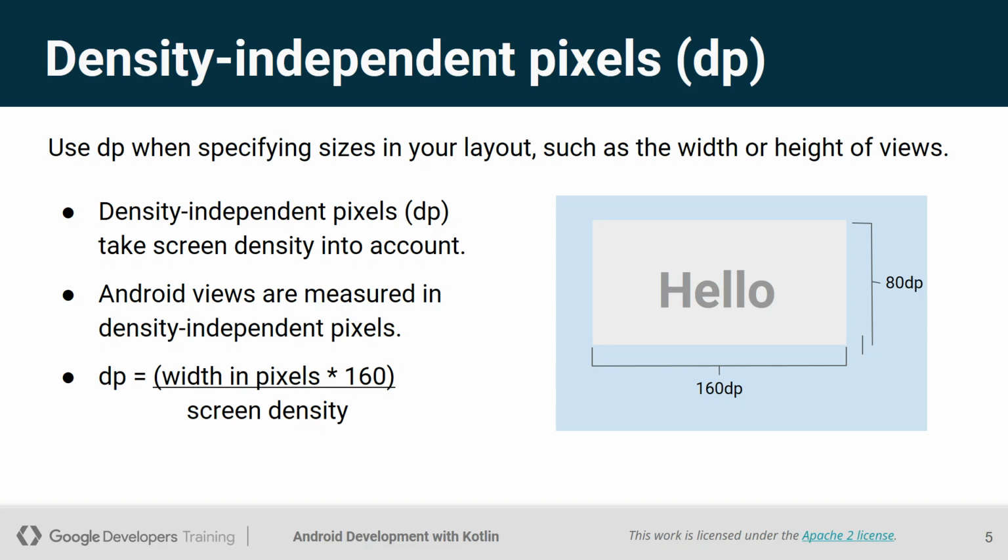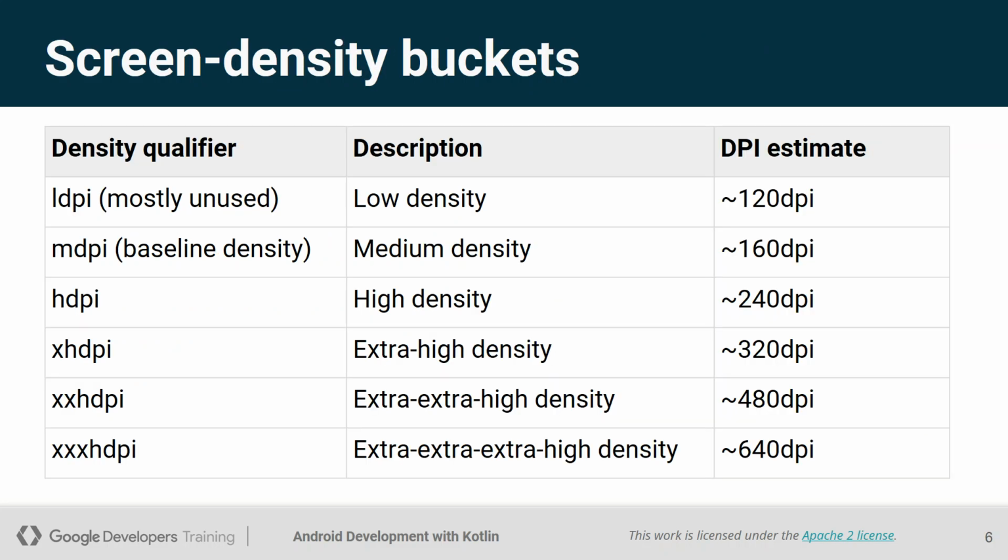Now, if you are defining yourself that let the height be 80 dp and let the width be 160 dp, then for you to get the general dp, density independent pixel, that is consumed by that screen, you can use that formula to get that. But for your case, you don't need to know about the formula, or you are not going to do that. But what you will need is to be able to define the density that works with you.